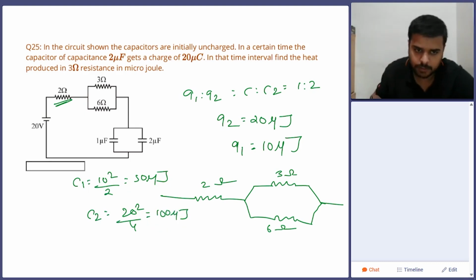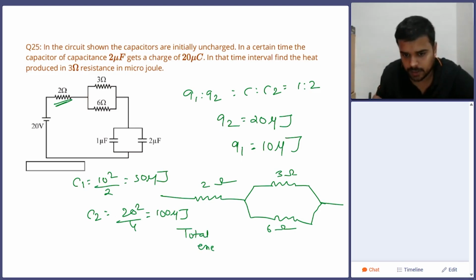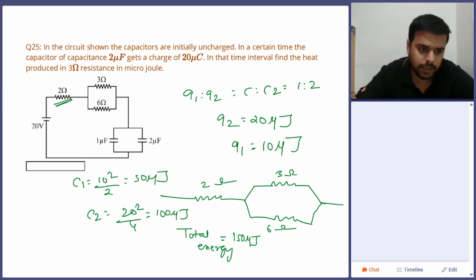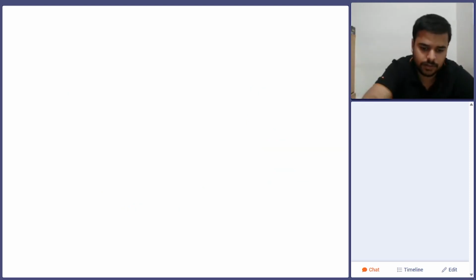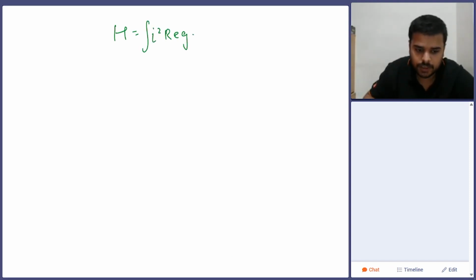So the total energy will be 150 microjoules. Now, if we need to calculate the heat energy dissipated in the resistors, the formula is H equals the integral of I square R dt. So now we know that H total is 150 microjoules.